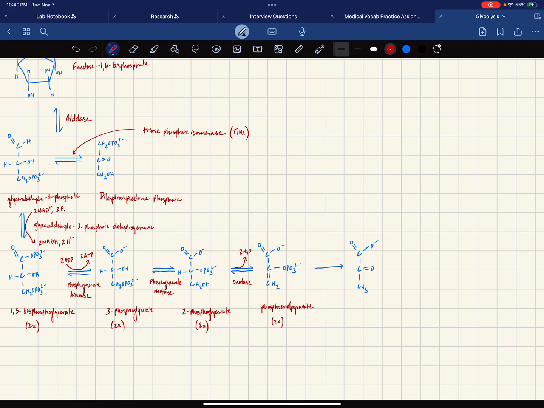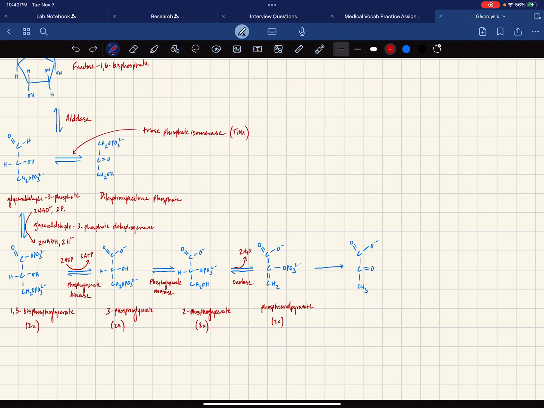So, pyruvate kinase, which is kind of named weirdly because we're not actually sticking a phosphate onto anything. What pyruvate kinase does is take this phosphoryl group that's very ready to leave from phosphoenolpyruvate, and we use that to make ATP.